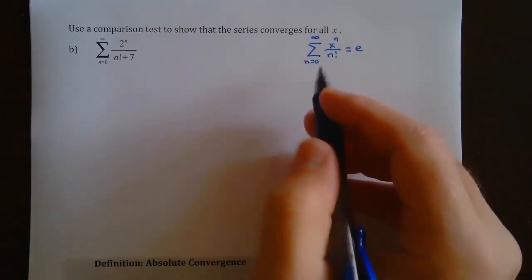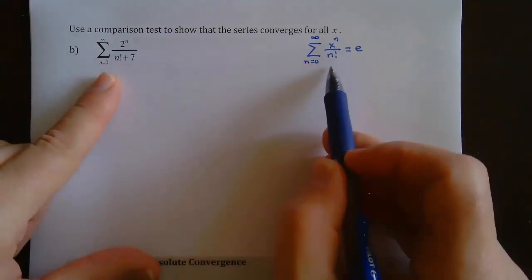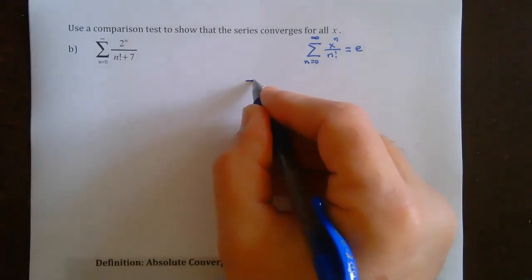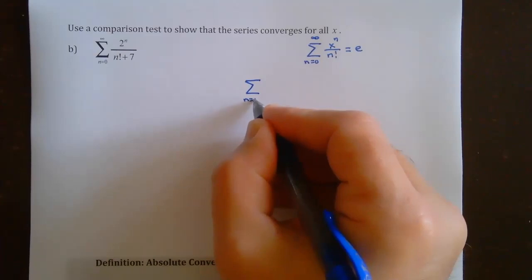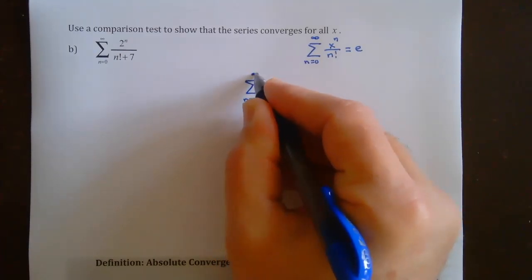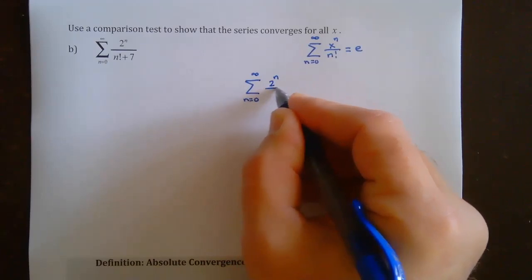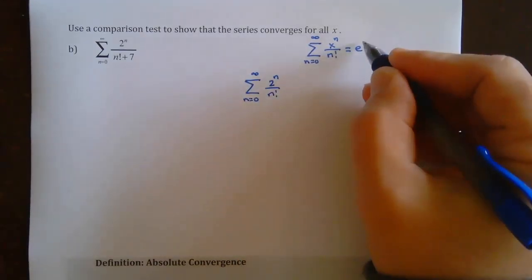Okay, so we need to establish what 2 to the n over n factorial has taken on this type of form, right? So what do we know? We know that the sum from n equals 0 to infinity of 2 to the n over n factorial... and you know what? I wrote this wrong.